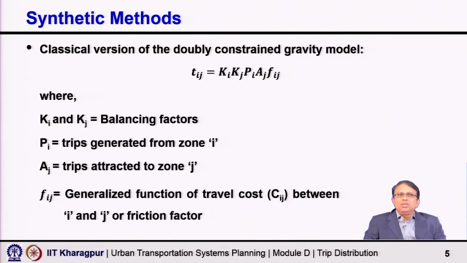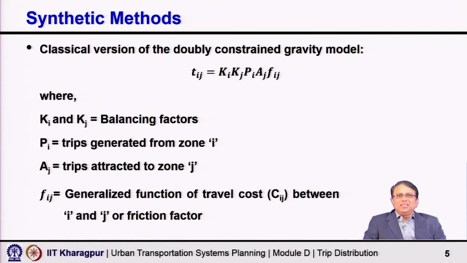Here I am showing the classical version of a doubly constrained gravity model. Tij equal to Ki, Kj, Pi, Aj and Fij. As I said, Ki and Kj are balancing factors. What is Fij?